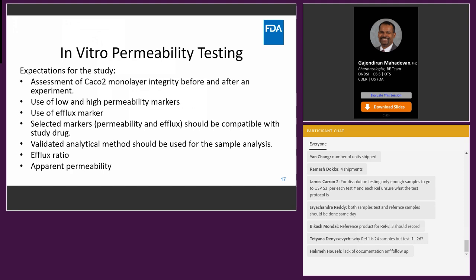For a bidirectional Caco-2 assay, efflux markers should be used to demonstrate asymmetric permeability. By conducting the permeability assay, the efflux ratio and apparent permeability are calculated.